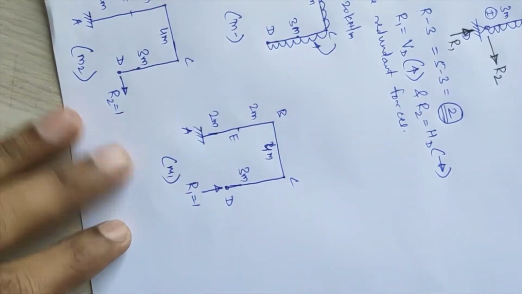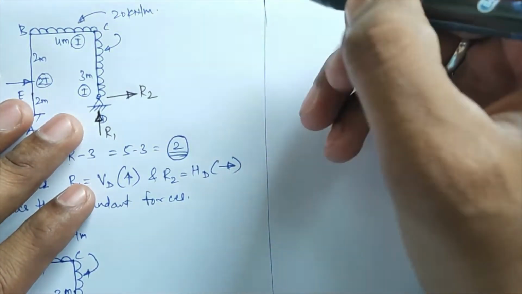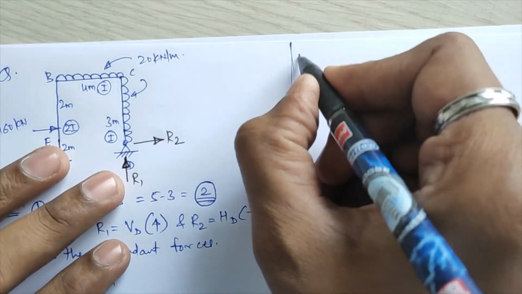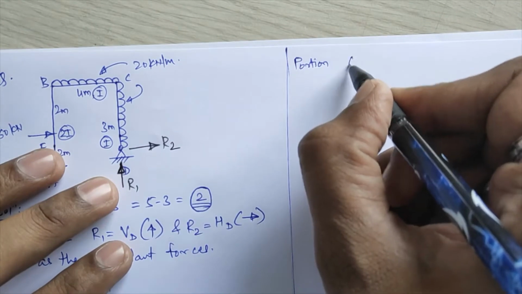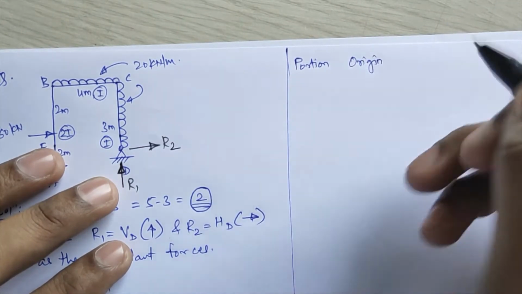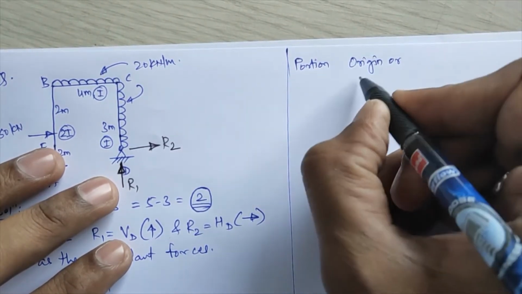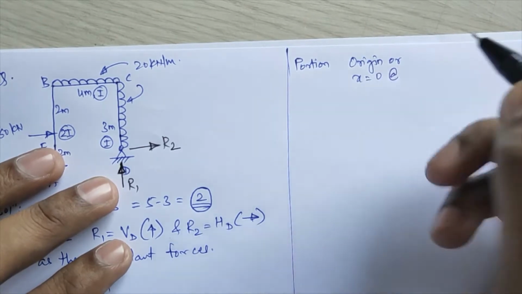Now we will see the moment table. In the moment table we have the first column, that is the portion. Second column is the origin, where we treat x equal to 0 at that point.